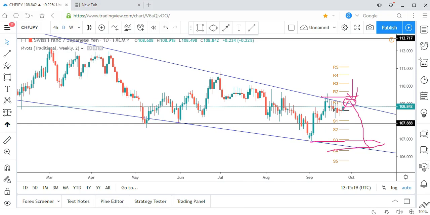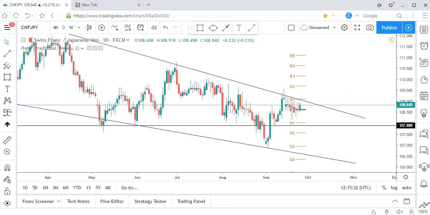But for me, I would prefer the final take profit to be at the S3, which is this former low here. If you look at this very well, you notice that this is a good trade to take.